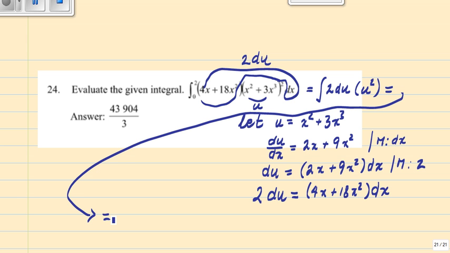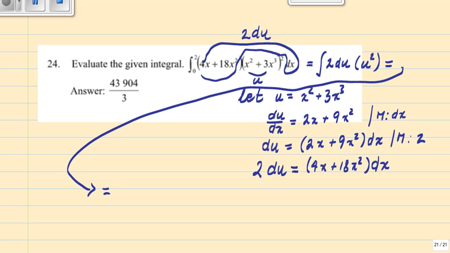So it's an indefinite integral, because we changed the integral's variables. So now I'm going to have an integral of 2u squared du, which is equal to 2u cubed over 3 plus c.